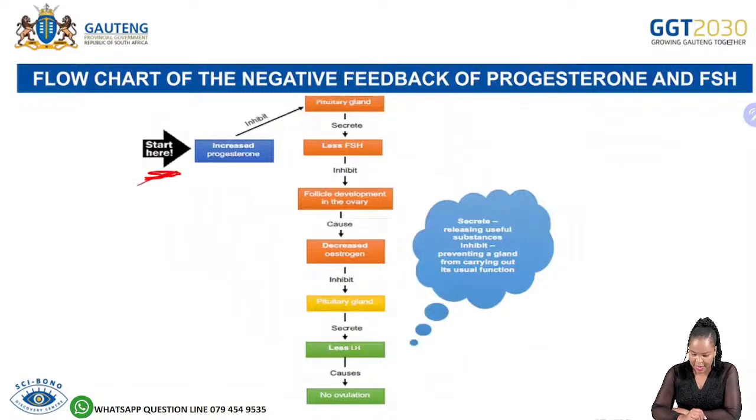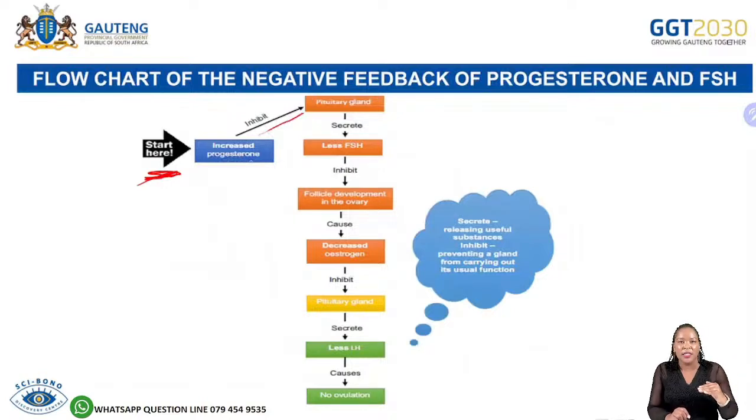When we start here, we check the increased level of progesterone. Going back to what we've just learned on the previous chart, we saw that to maintain pregnancy, the level of progesterone needs to be maintained. Now, when the level of progesterone is increased, remember the hormones travel in blood.